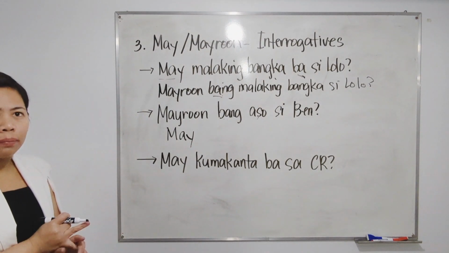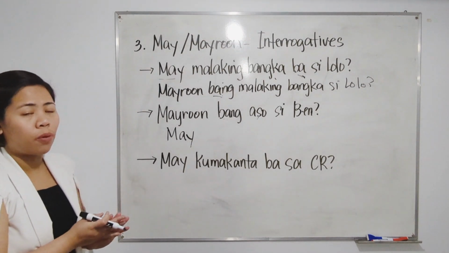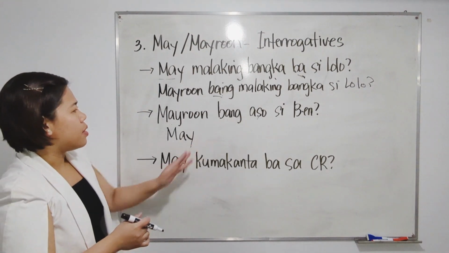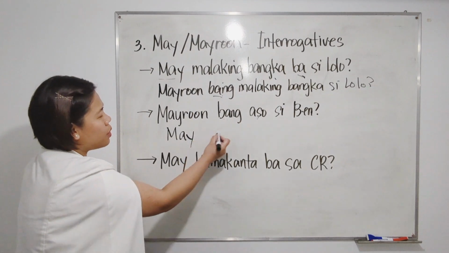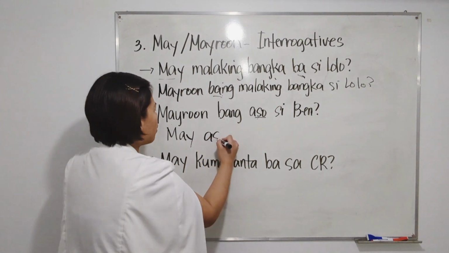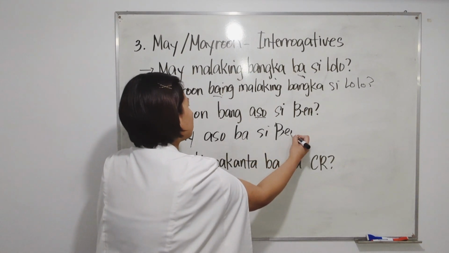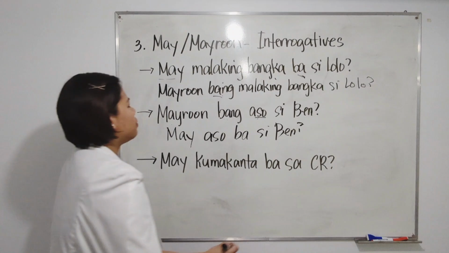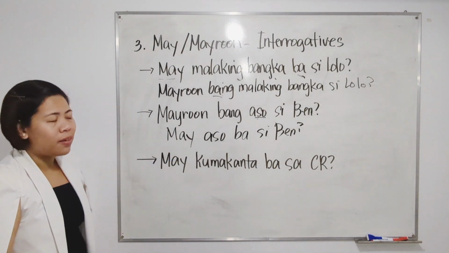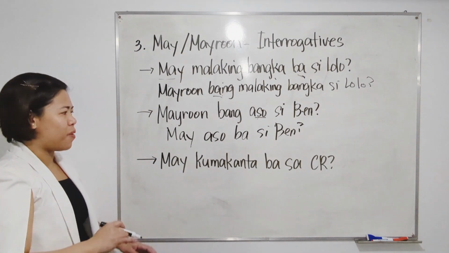Noun, verb, adjective, adverb, except for adverb of place. So, what's the noun here? Aso. We can put aso. May aso ba si Ben? So, meron bang aso si Ben? Or may aso ba si Ben? It's the same question.